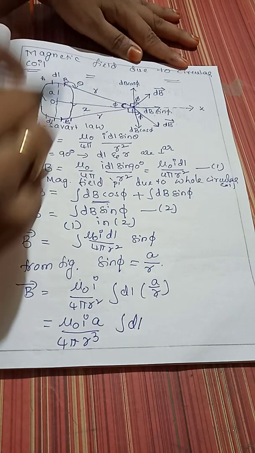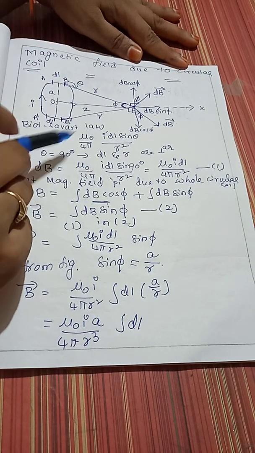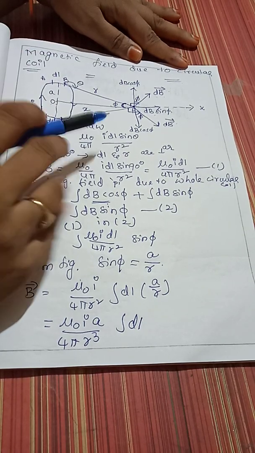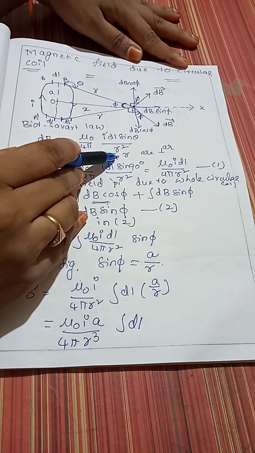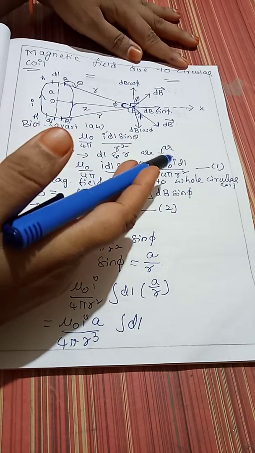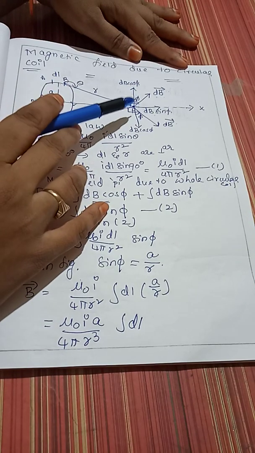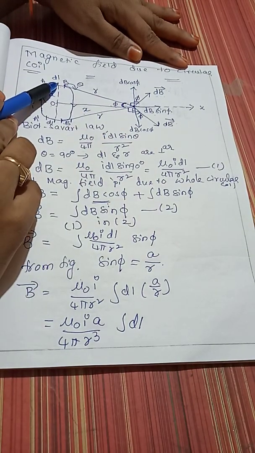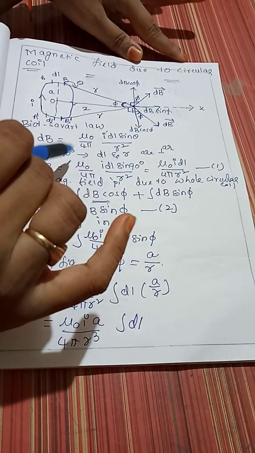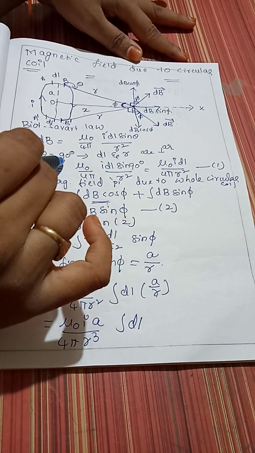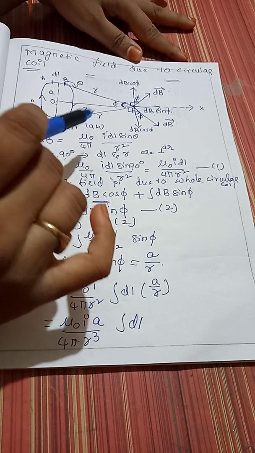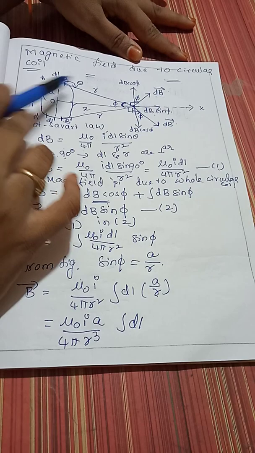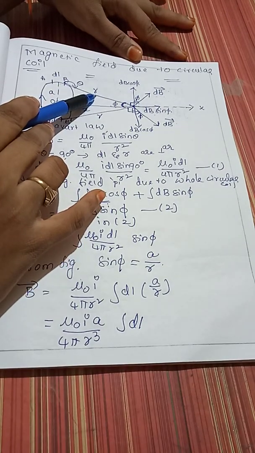Now from the Biot-Savart law we have mu naught by 4 pi I dl sin theta by r square, which is the field at point P due to current I flowing in element AB. Here theta will be 90 degrees because dl and r are perpendicular to each other.